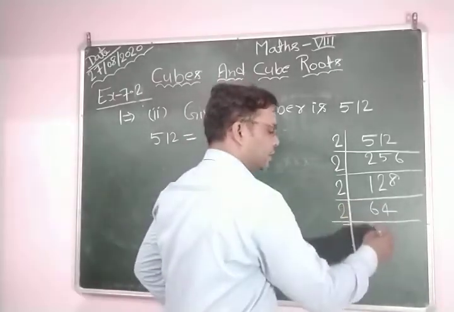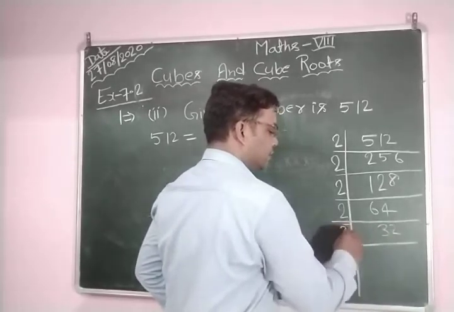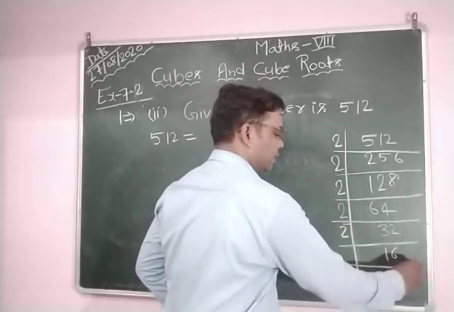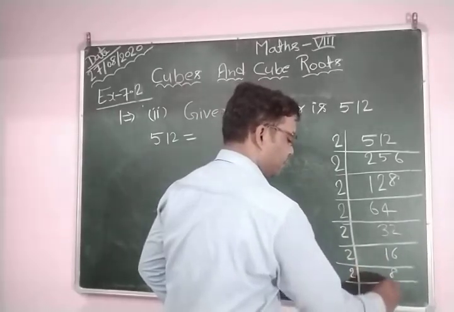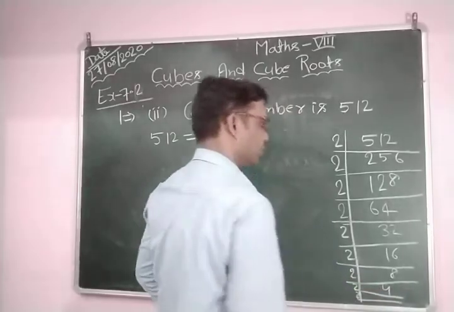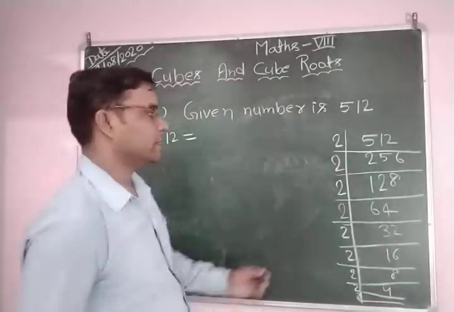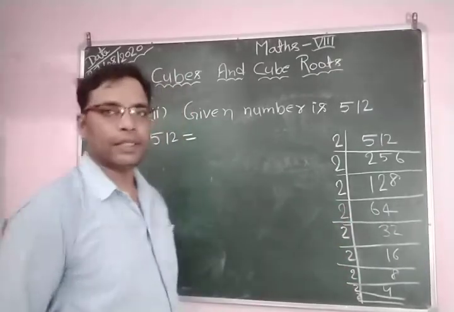If you divide 64 by 2, you obtain 32. Again divide, this is 16, this is 8, this is 4, this is 2, and again this is 2.